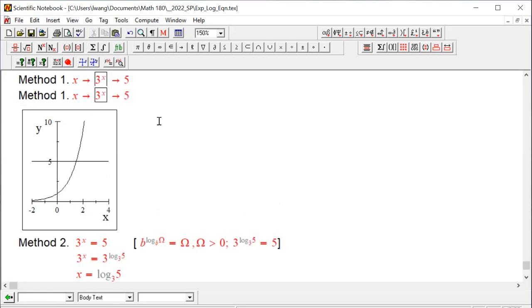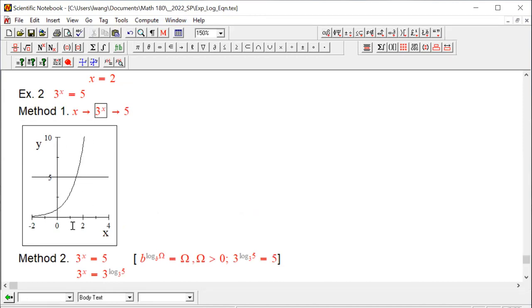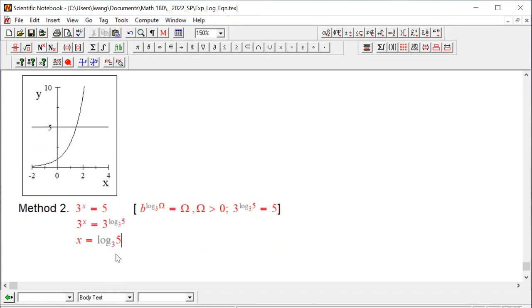In this case, of course, it's difficult to identify because this number is not going to be as neat as 2. But this number does exist. You actually have a numerical value, but we prefer this form.